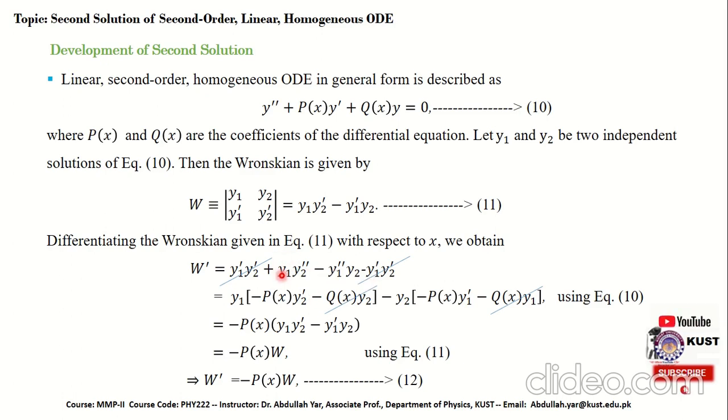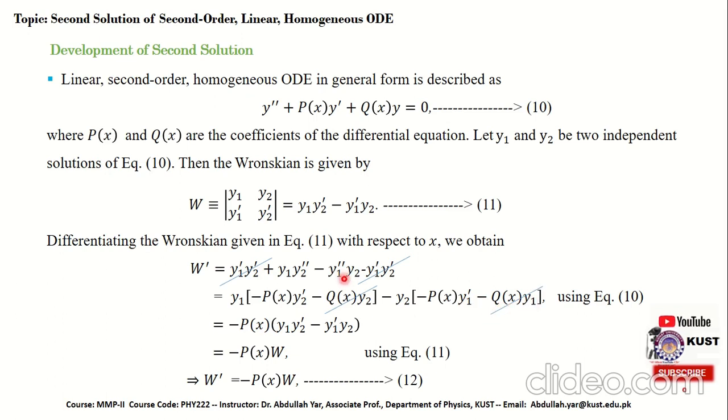Now, in the first term, we can substitute the expression for y2 double prime from equation number 10, leading to y1 into minus p of x y2 prime minus q of x y2. For the second term, y1 double prime can be again substituted from equation number 10, leading to minus y2 into minus p of x y1 prime minus q of x y1.